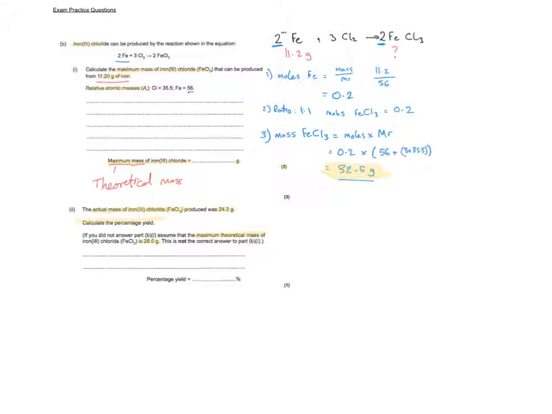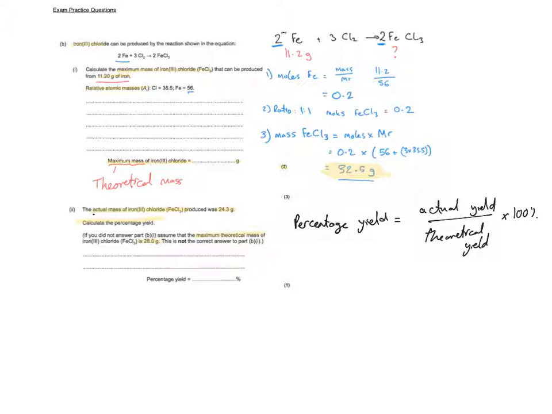So again, I'm going to show you my working, and the first thing I'm going to do is I'm going to do the percentage yield and write out the formula. Is the actual yield over the theoretical yield times 100%.